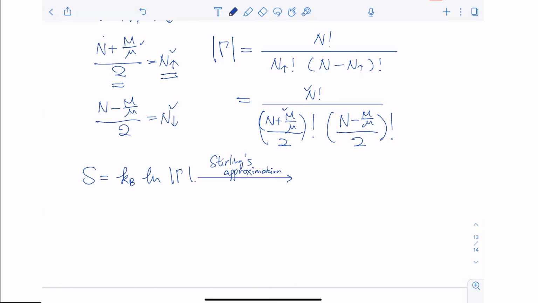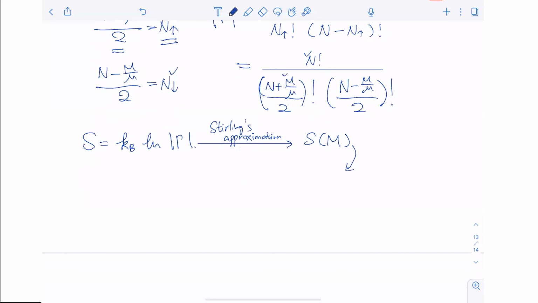And then you will get the function that basically expresses your entropy using the variable m. Okay, so I'm not going to do that in front of you. Instead, I'll just tell you the key step is that you can use the following equality.